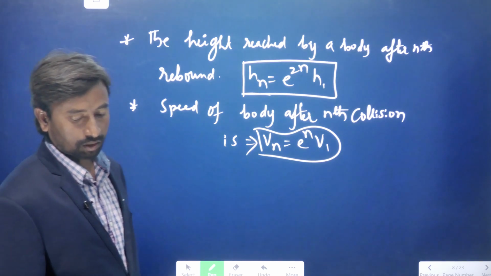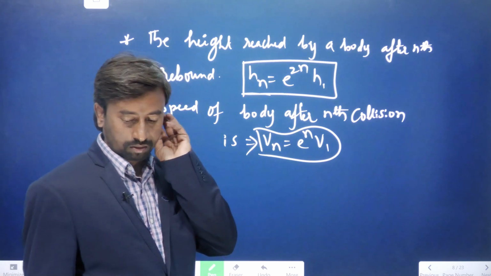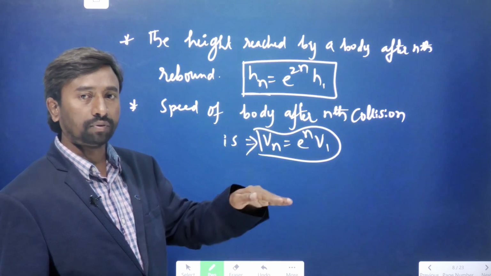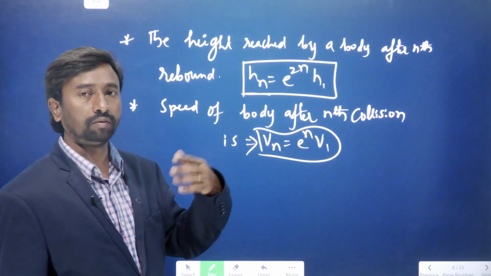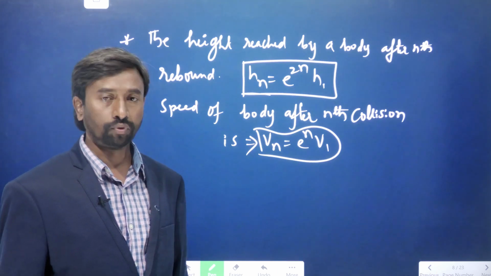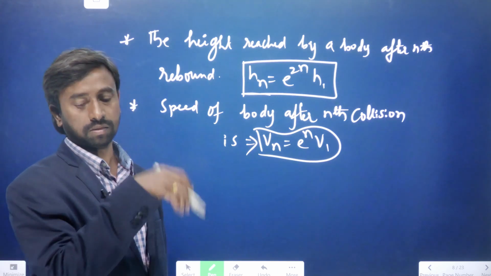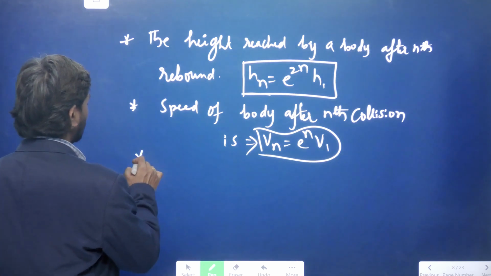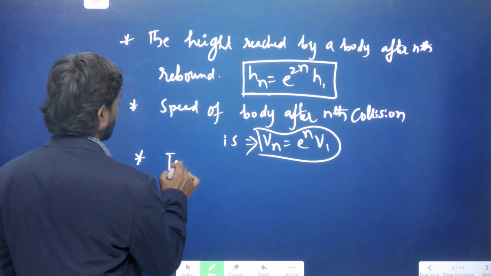Then the total distance covered by a body before coming to rest. So n number of rebounds will take place and it will come to rest. Then the total distance covered by the body before coming to rest there. So total distance, the sum of the total distance, we have to add there.